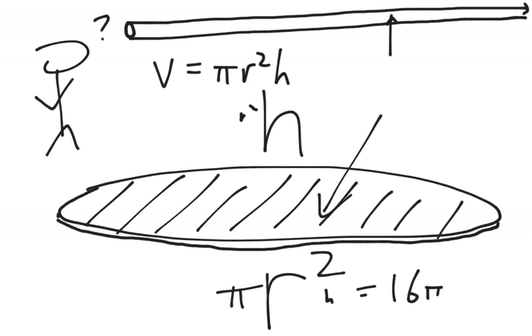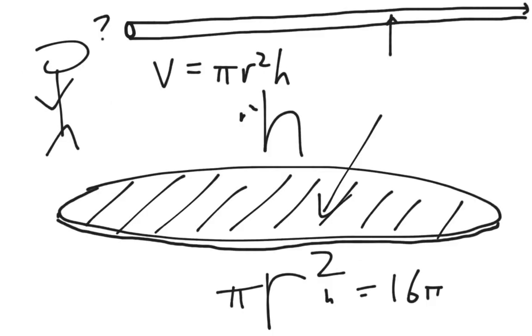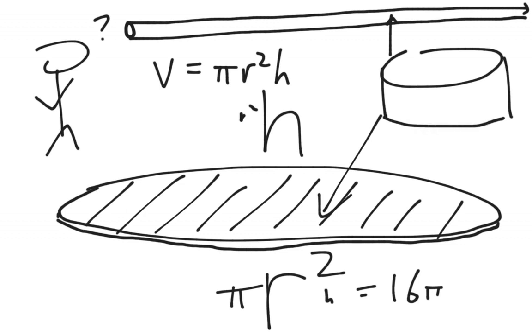And so it's like the Goldilocks problem. If my radius is too small over here, then I'm using too much tin. And if my radius is too big, I'm also using too much tin. But if I decrease the amount of tin I'm using and make a shape like this, then I can still get my volume.